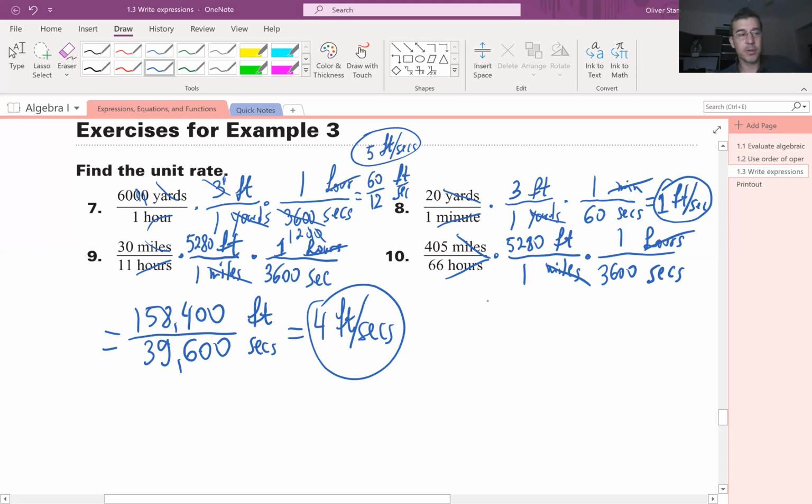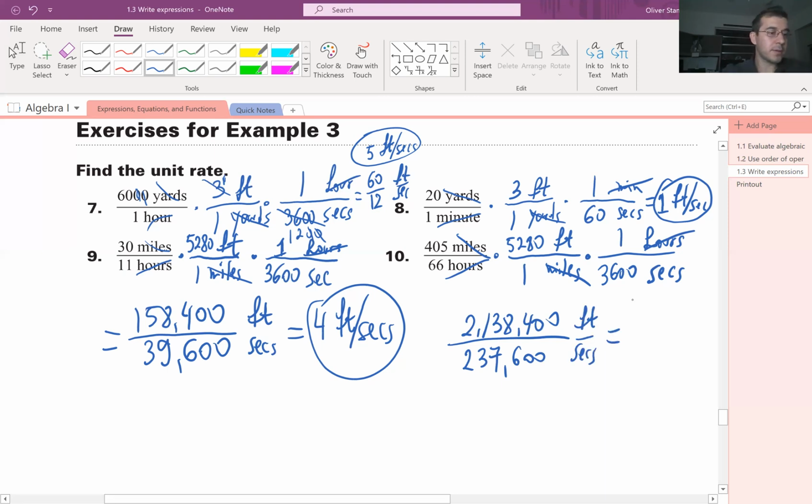Let's do the computation again. 405 times 5,280 is 2,138,400 over 66 times 1, which is 66. 66 times 3,600 is 237,600. This is feet over seconds, or 2,138,400 divided by 237,600 is 9. So 9 feet over seconds is the answer.